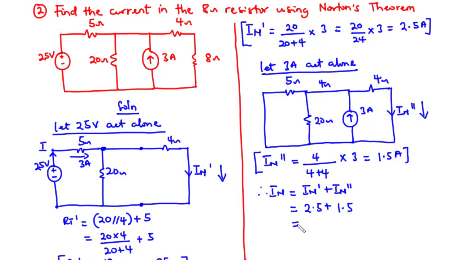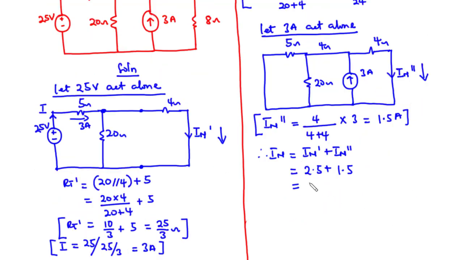So 2.5 plus 1.5 is 4 amperes. So 4.0 amperes. So that is the value of the short circuit current, or basically the total short circuit current flowing through this branch. Now let's find Rn.